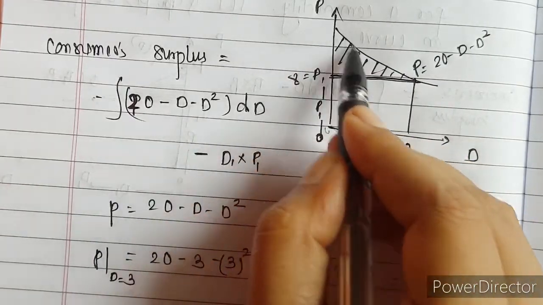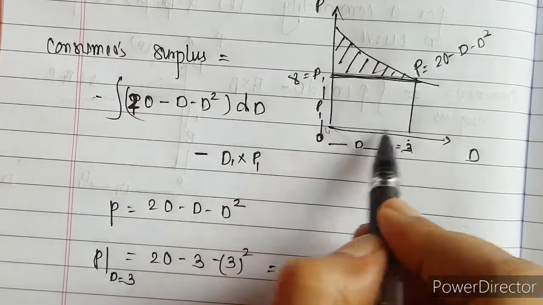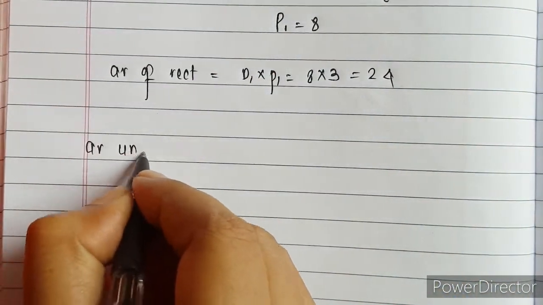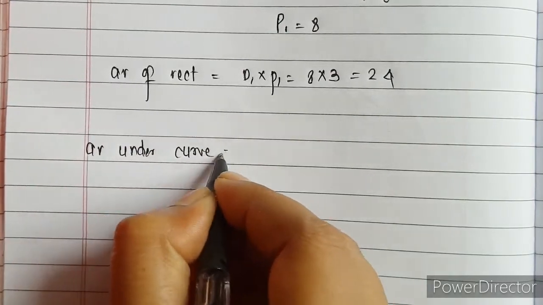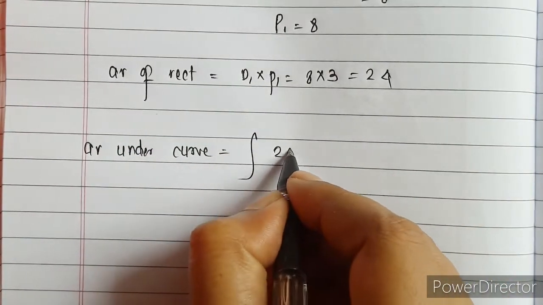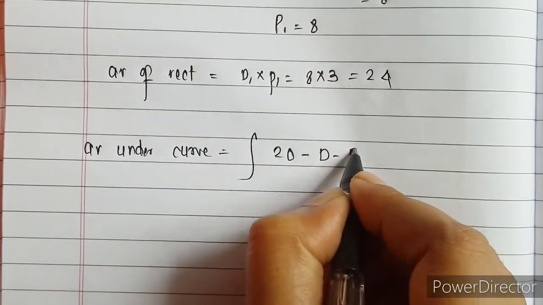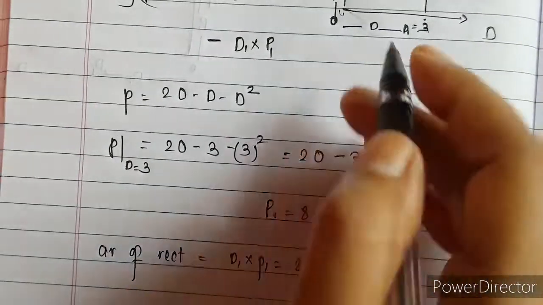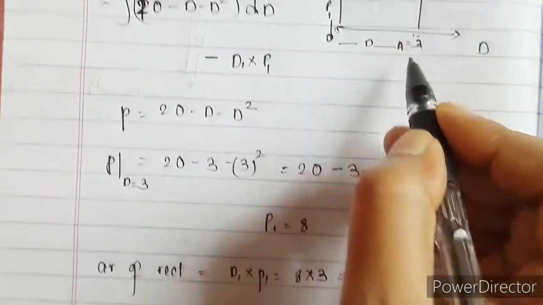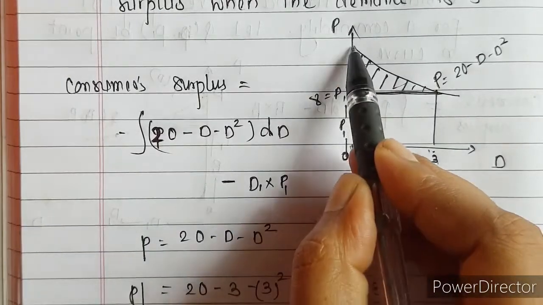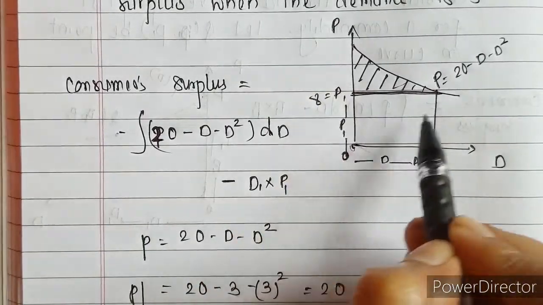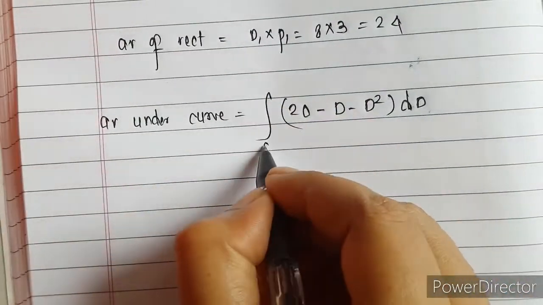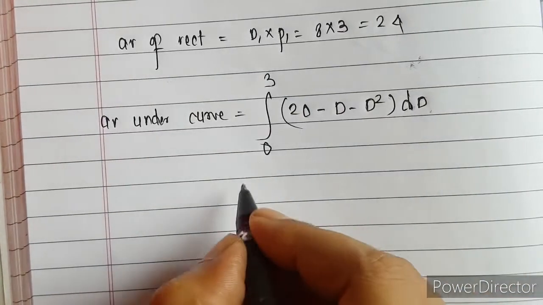Now we have to find the entire area so that we can subtract this part. Area under the curve is the integral of 20 minus d square with respect to d, and the curve is from 0 to 3. Our lower limit is 0 and upper limit is 3.